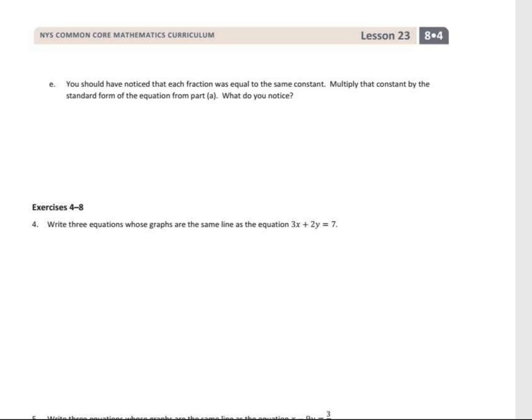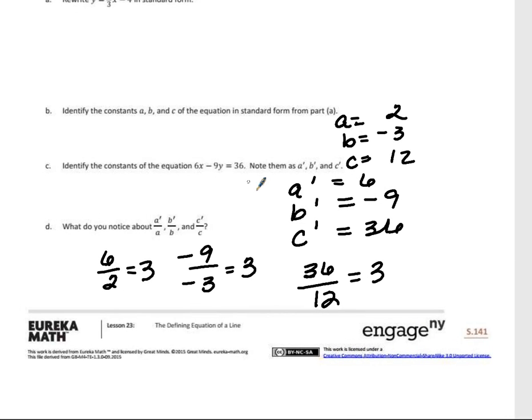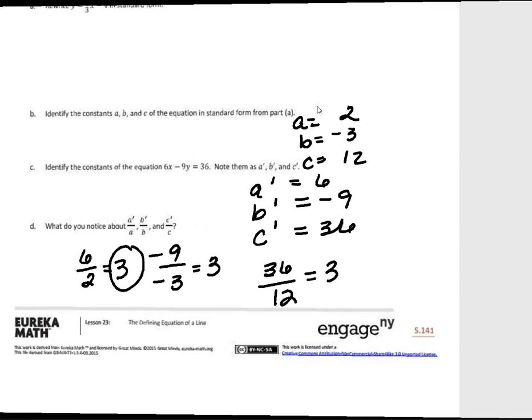Now, I want to show you, though, if you look at this right here, that's our constant. So if we would multiply, that's what this is saying.